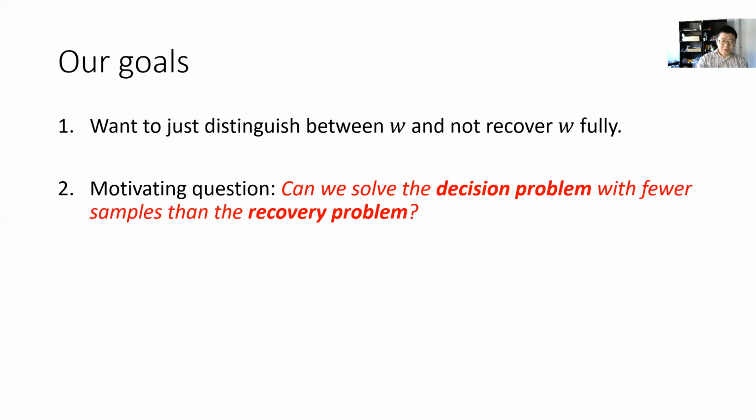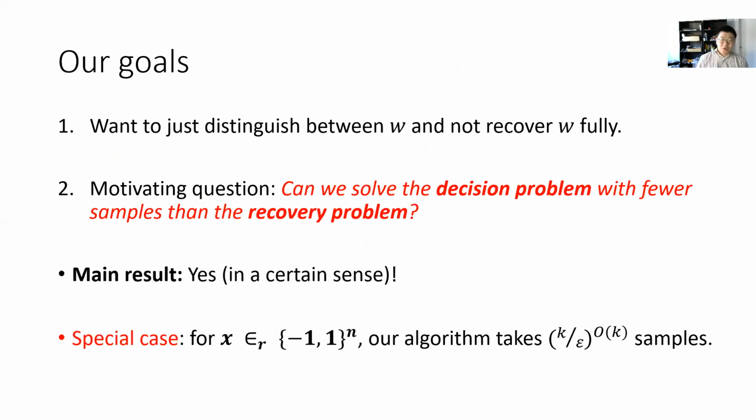Just to give the first taste of our result, we answer yes to this question in a certain sense. In particular, as a special case, when we draw x from {plus minus 1}^n, our algorithm will take (k/epsilon)^O(k) samples to decide whether w is k-sparse or far away from k-sparse.